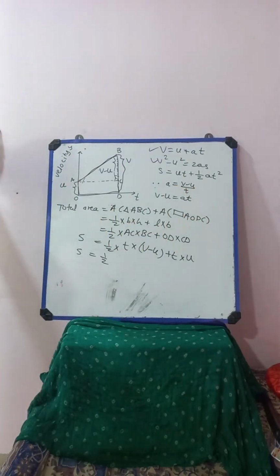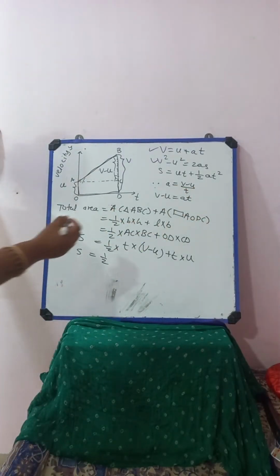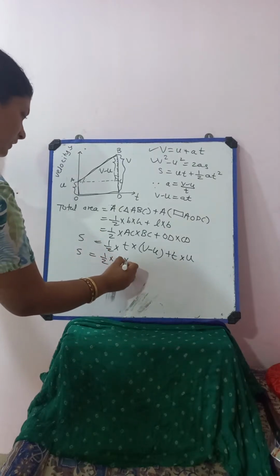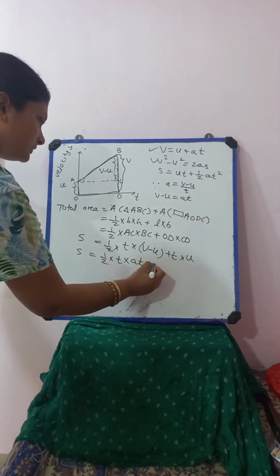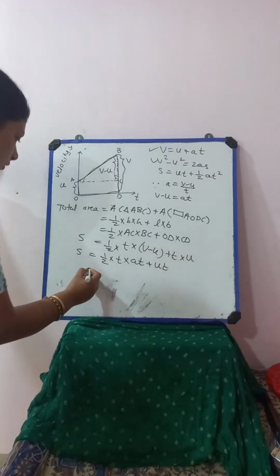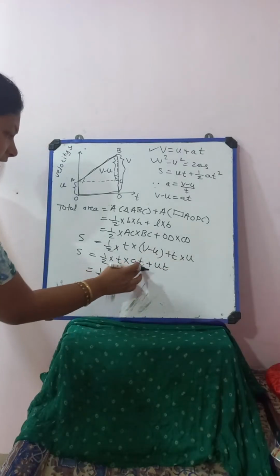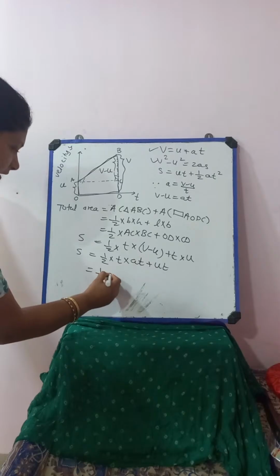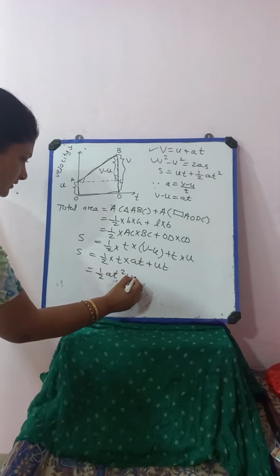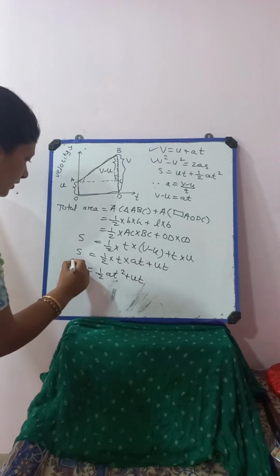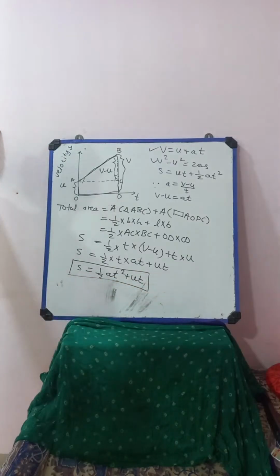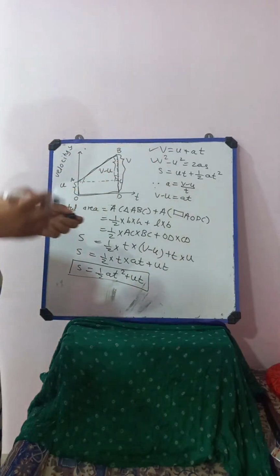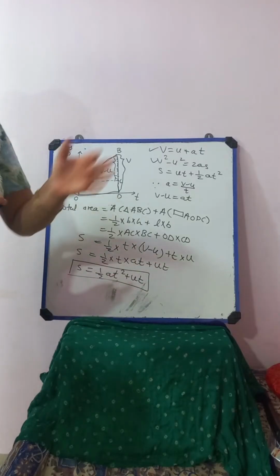Okay, V minus U is equal to AT. So here time into AT plus UT. So if you check, half T into T square A, that is half AT square plus UT, is nothing but your third kinematics equation.